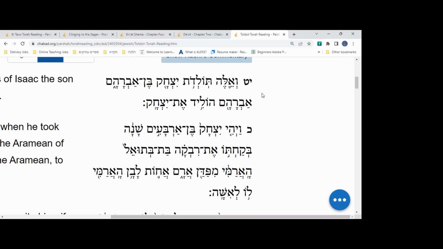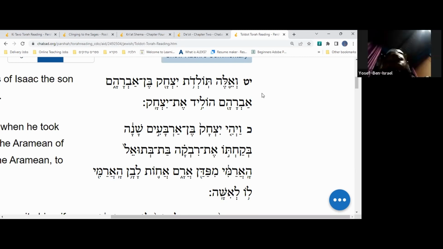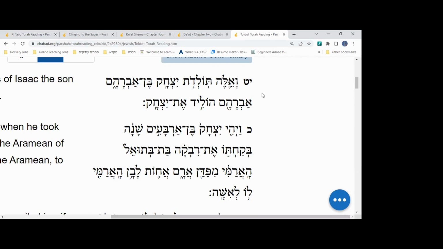So that acts as a reference to one of the main functions of ta'amim, and that is that they serve to tell us how to chant the text of the Torah, how to sing the text of the Torah. So the different symbols tell us different ways of singing.